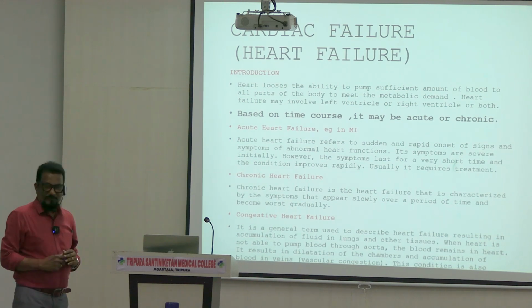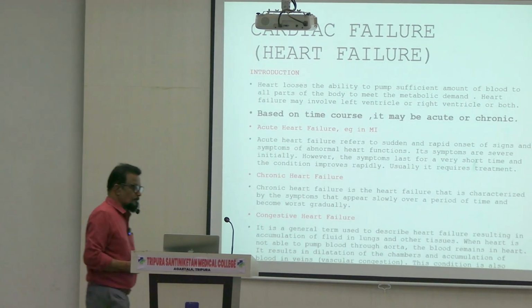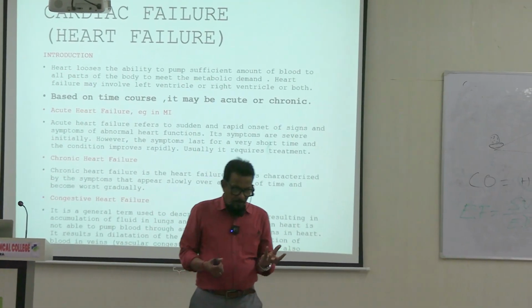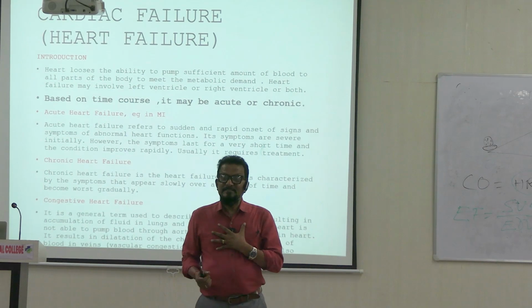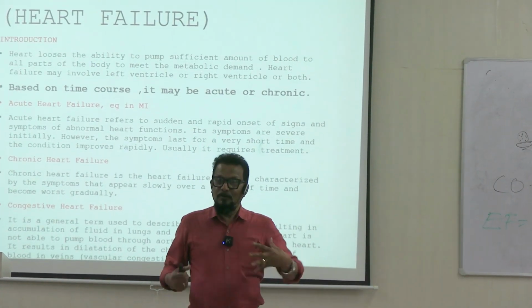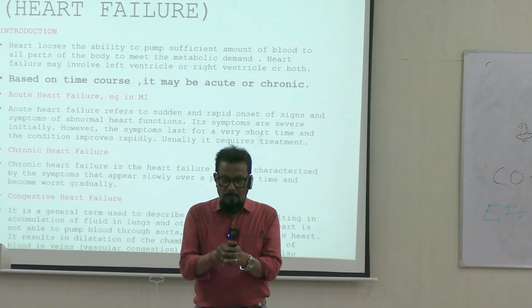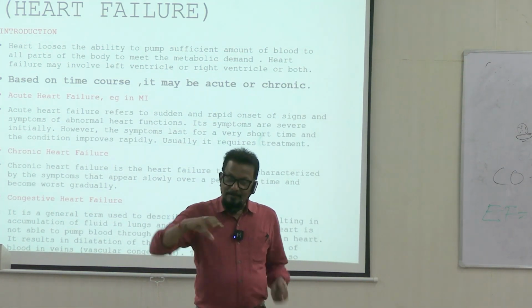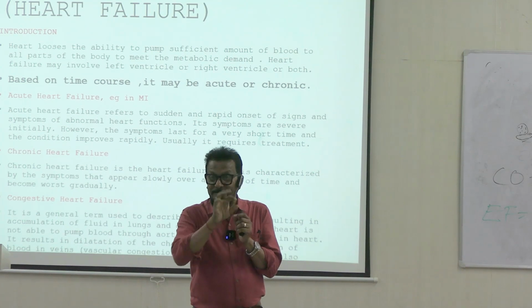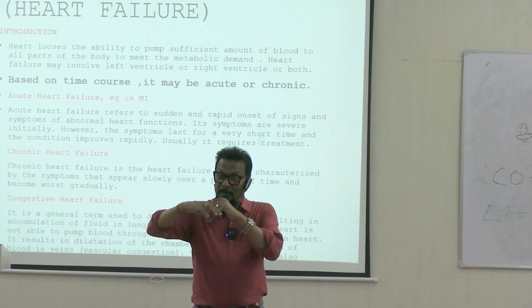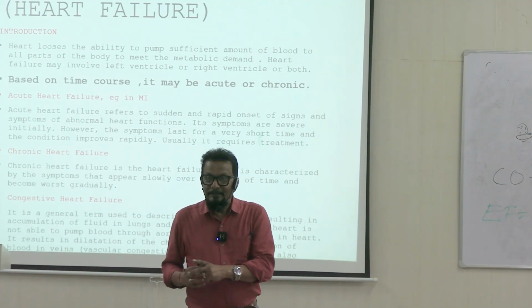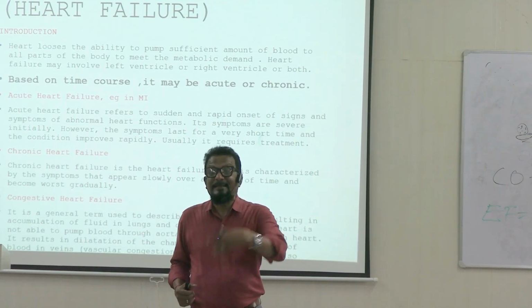And congestive heart failure. Congestive means congestion, in the lungs and in the body. The ventricle has to eject the blood into the blood vessels. If the blood vessels already have a lot of blood accumulated, then it is called congestion, like traffic congestion.